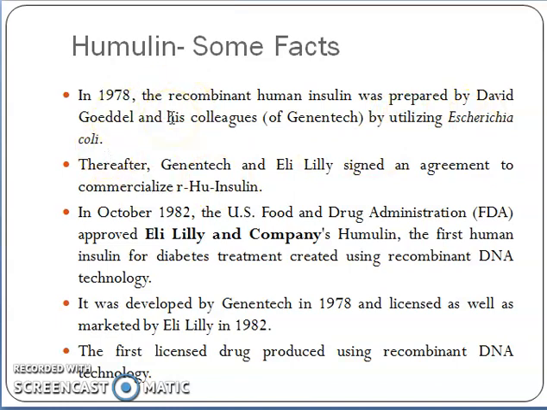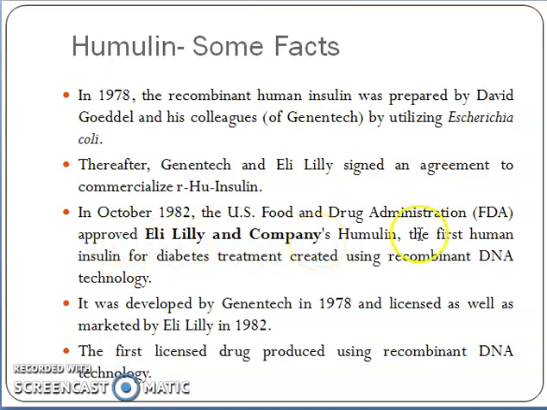Thereafter, Genentech and Eli Lilly, an American pharmaceutical company, both signed an agreement to commercialize recombinant human insulin. In October 1982, the United States Food and Drug Administration, that is FDA, approved Eli Lilly and Company's humulin.